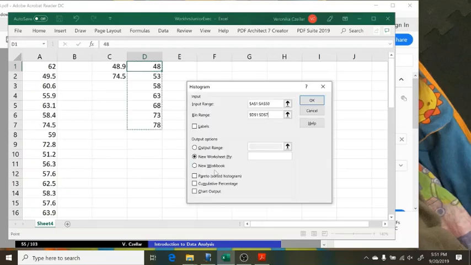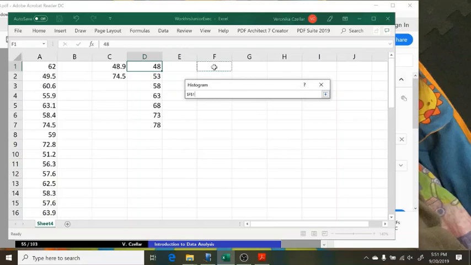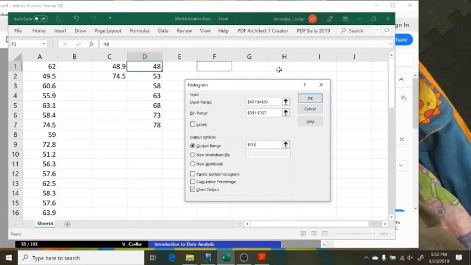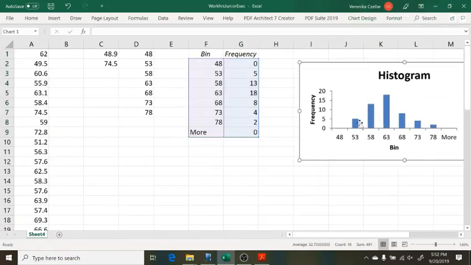Then I would like the chart output, and I would like to see my output starting in this cell. Here you go, I have my histogram. It is a nice bell-shaped distribution, and assume that this is precisely a normal distribution with an unknown parameter mu and variance parameter sigma square.